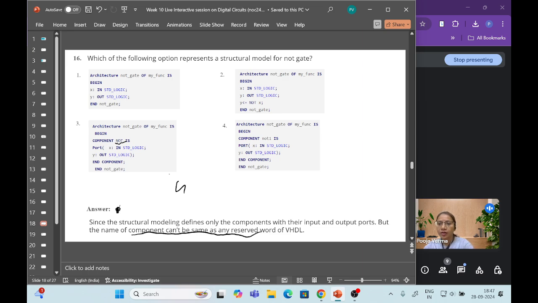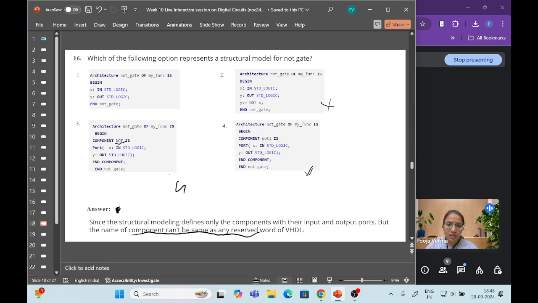Option one is also not correct, because here they have started with X as std_logic and out std_logic, but they have not defined what the component is. Option B is also not correct, because one function is missing. So the fourth option is correct, because it does not use any reserved word in the component list.